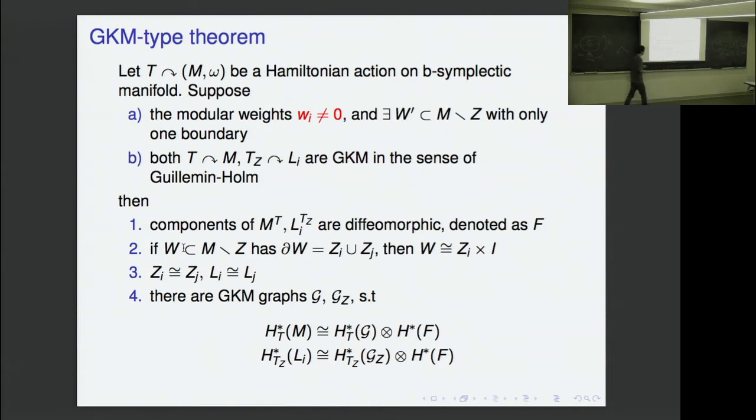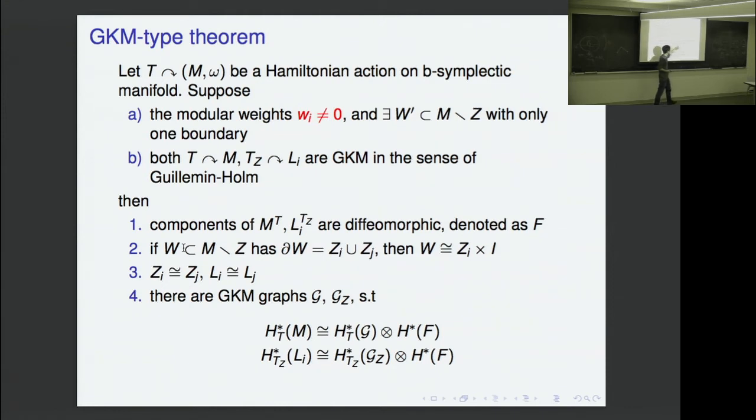the fixed point set. And the thing in this non-zero modular weights case is that now those connected components in the fixed point set on M and in the fixed point sets on Li will be not only diffeomorphic within those two families, they are also diffeomorphic with each other.